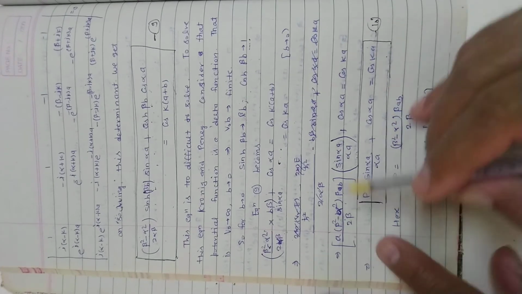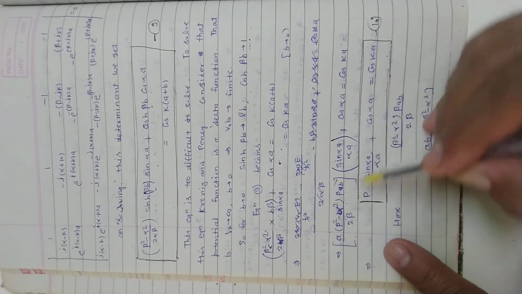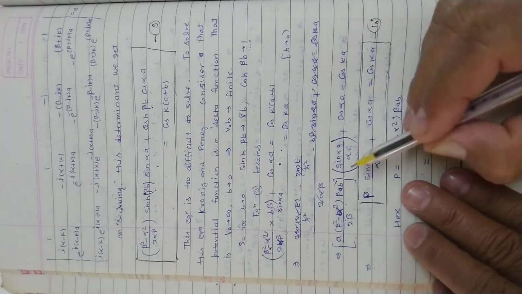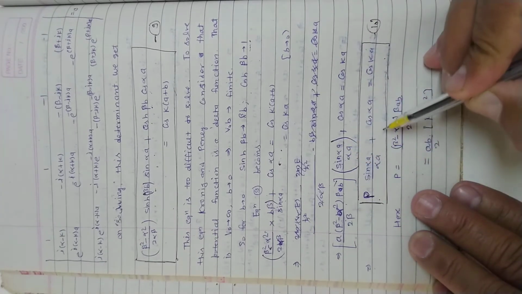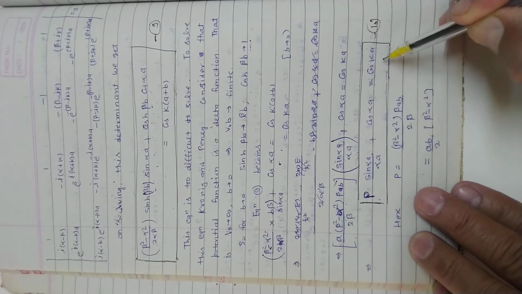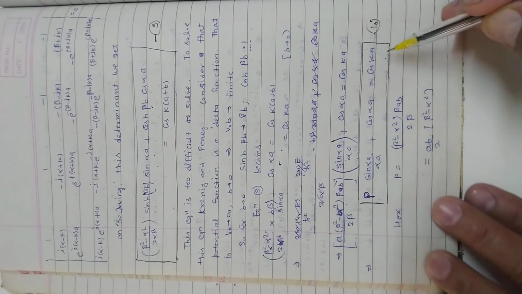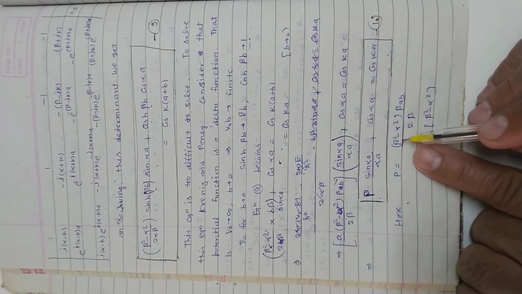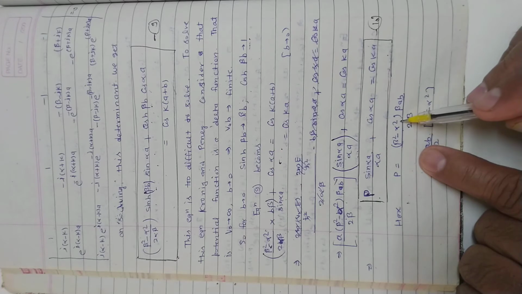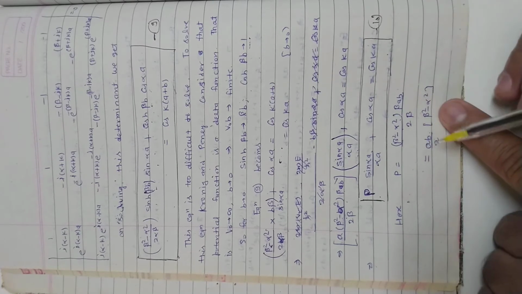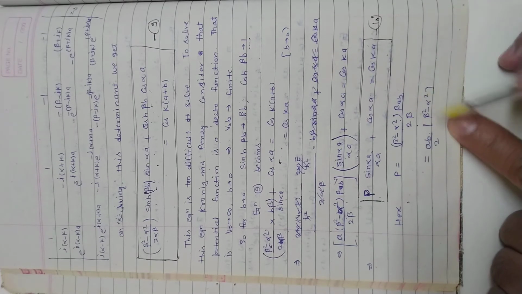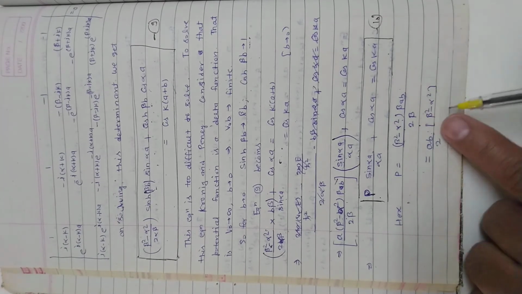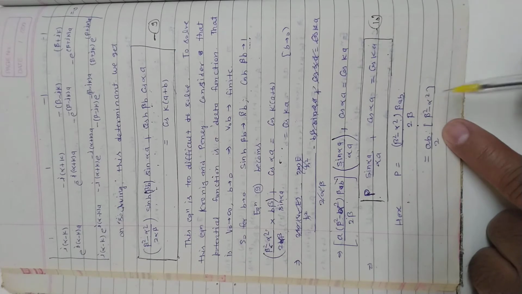So finally I shall call this value P, capital P. I will use this as a parameter. Then P sin alpha a upon alpha a plus cos alpha a equals cos ka. This is what I will get. Here P I have written as beta square minus alpha square, and this is ab by 2 into beta square minus alpha square, and we know what beta and alpha are.